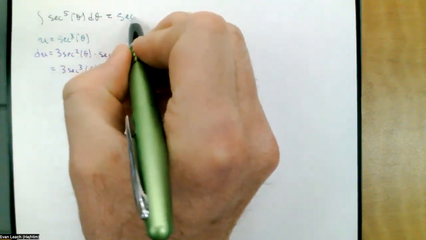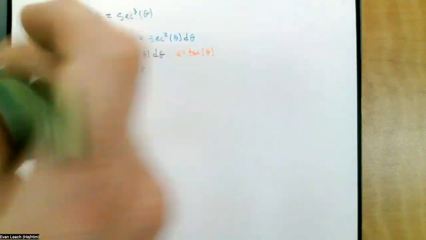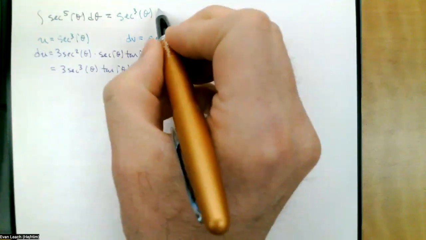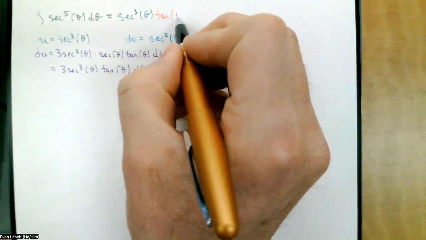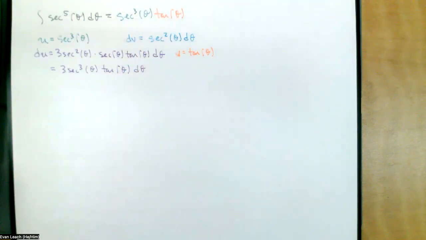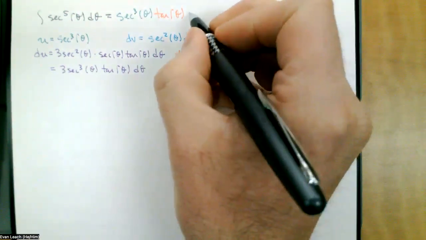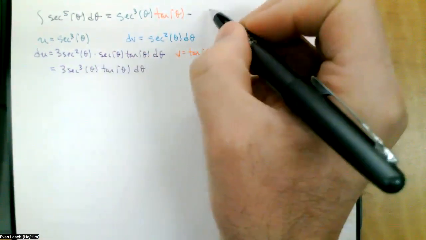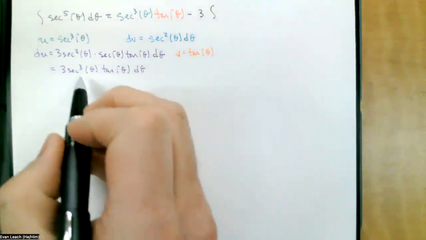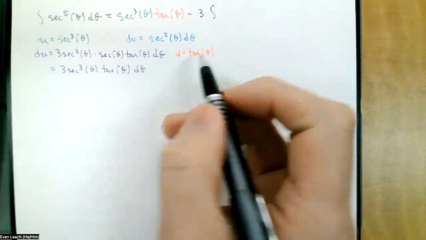So our integral is going to have, our uv is going to be secant cubed theta times tangent theta minus the integral, pull 3 out, of secant cubed tangent squared.